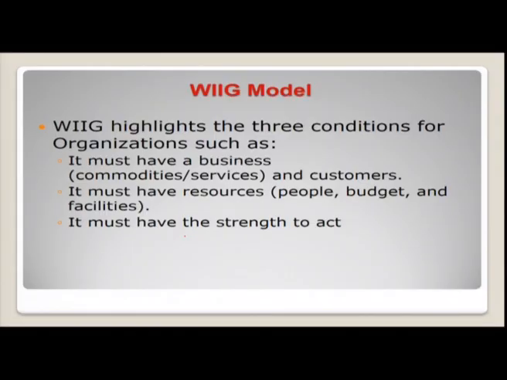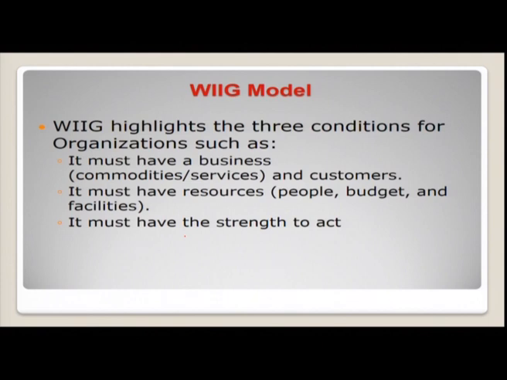Now let us see the fourth model called the WIG model. WIG highlights three conditions for an organization. It must have a business, commodities or services, and it should satisfy the customer needs, the customer desires.